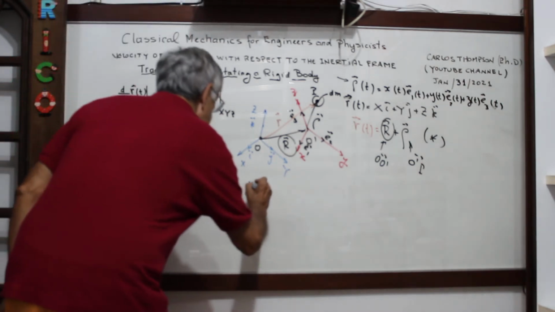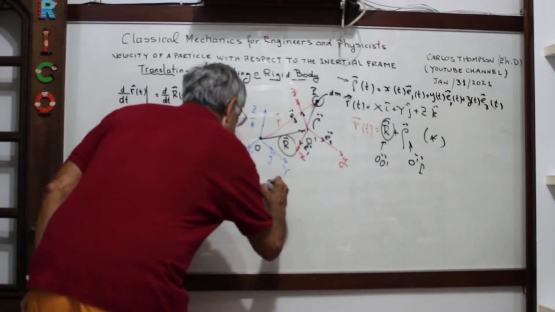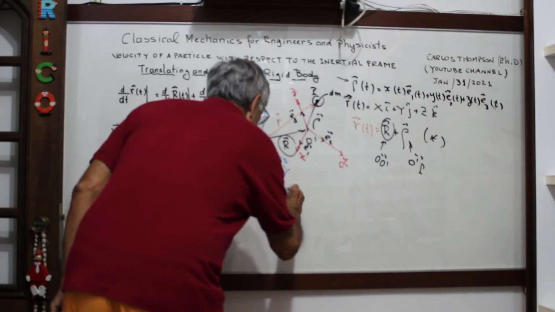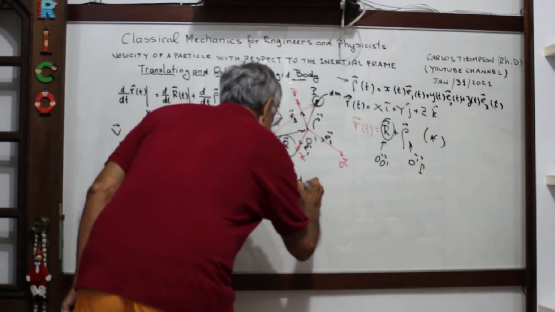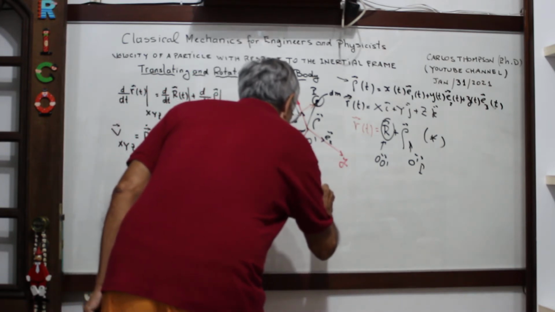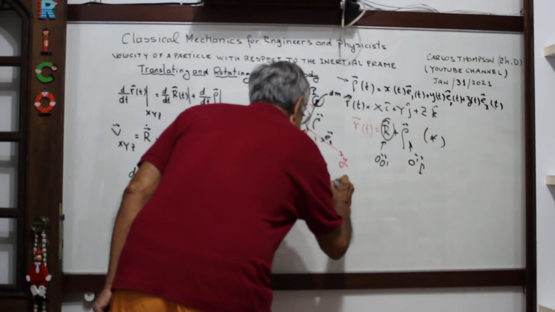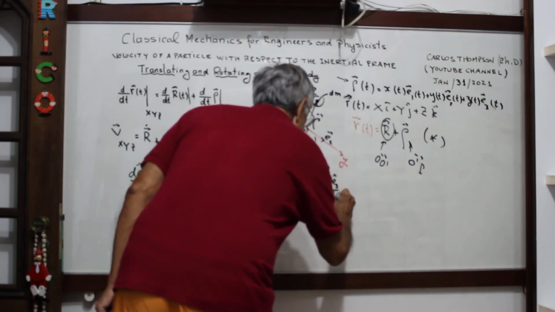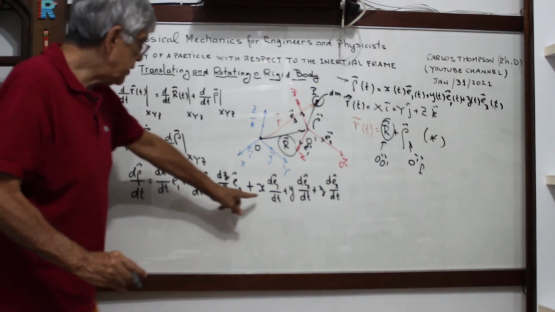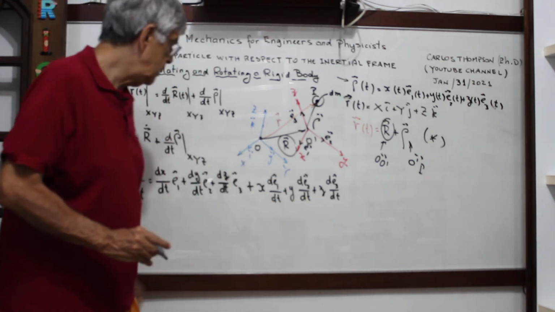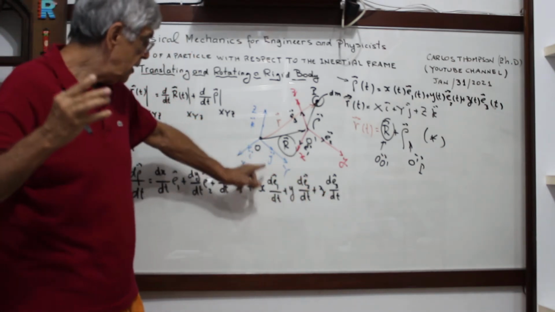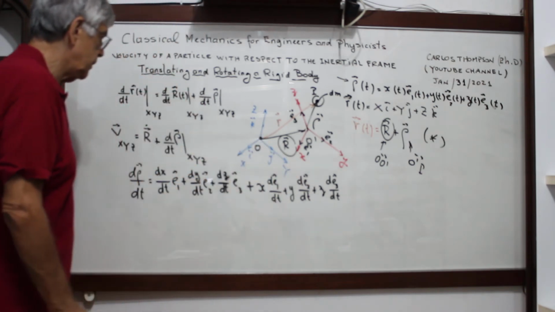So x d(e1)/dt plus y d(e2)/dt plus z d(e3)/dt. See? Here x, y, and z are assumed partially fixed, and then I have the rotation over here.